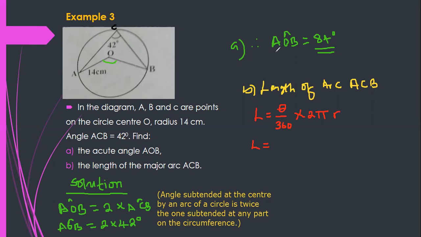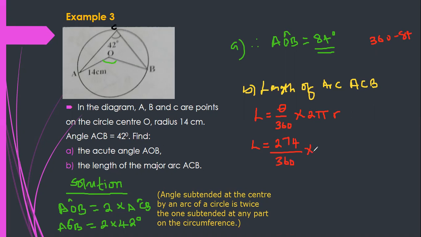So we are going to say 360 minus 84 to give us this theta. And then we should have 274 divided by 360.